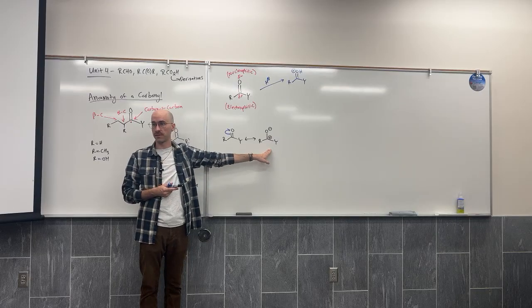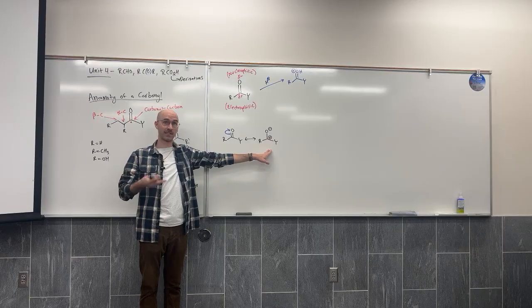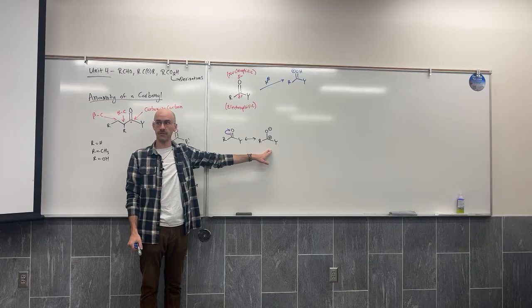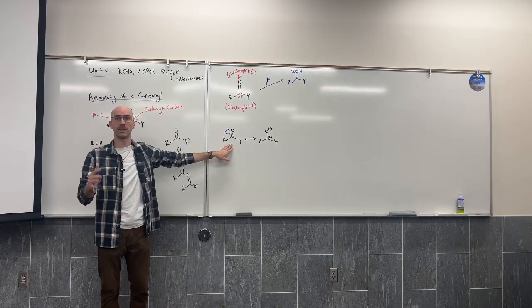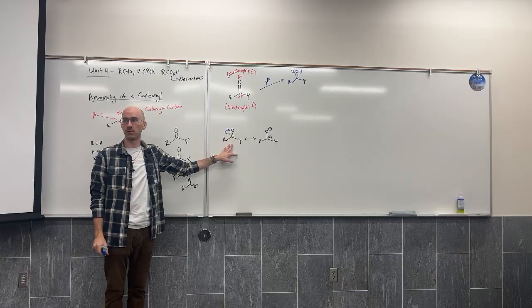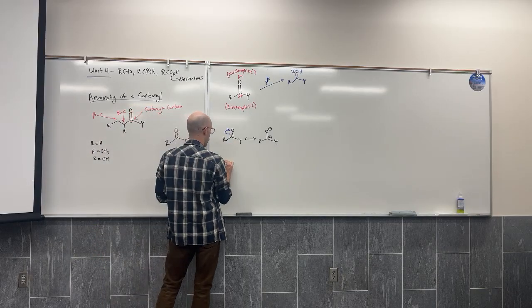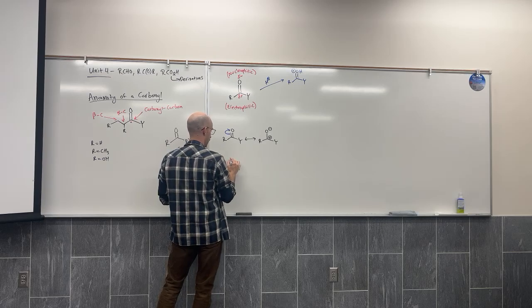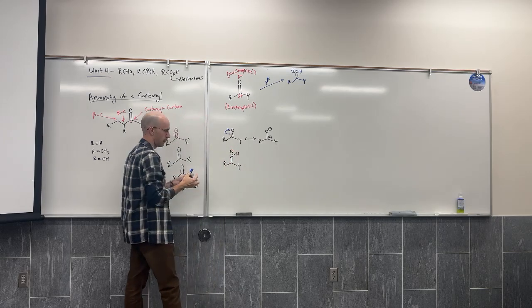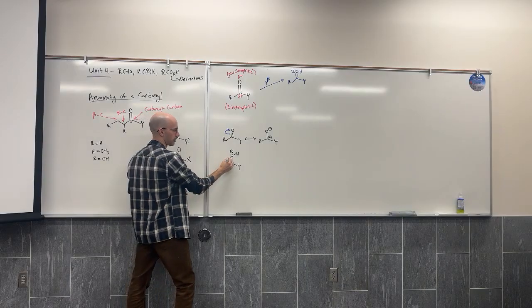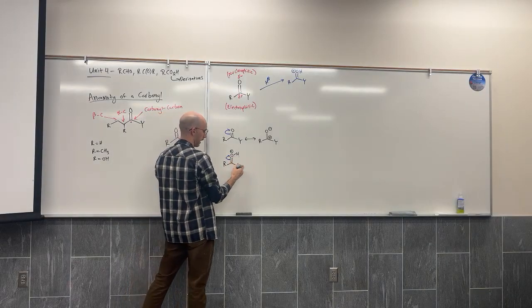But is this a good resonance form? No, because it has maximum formal charge. This is a better resonance form because it has minimum formal charge. Now let's look at the resonance form of our protonated carbonyl. Once again, electrons are taken by the more electronegative atom.